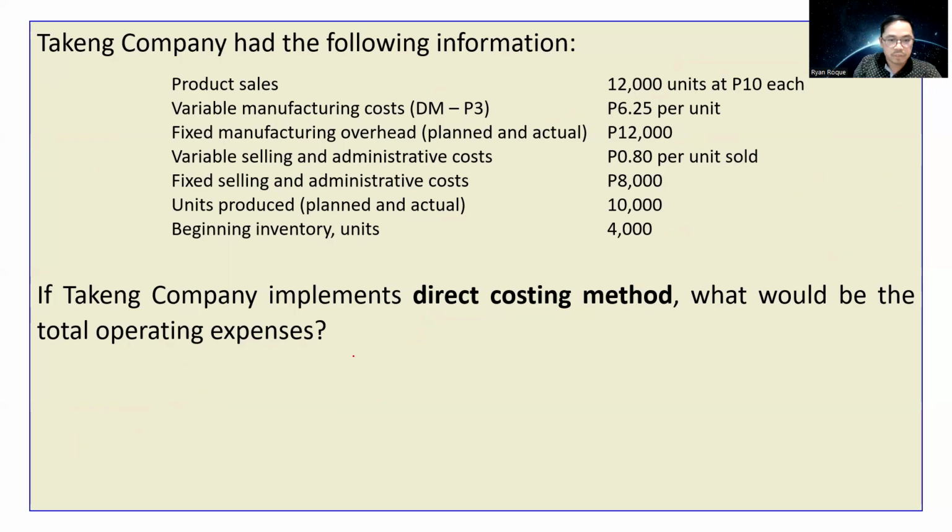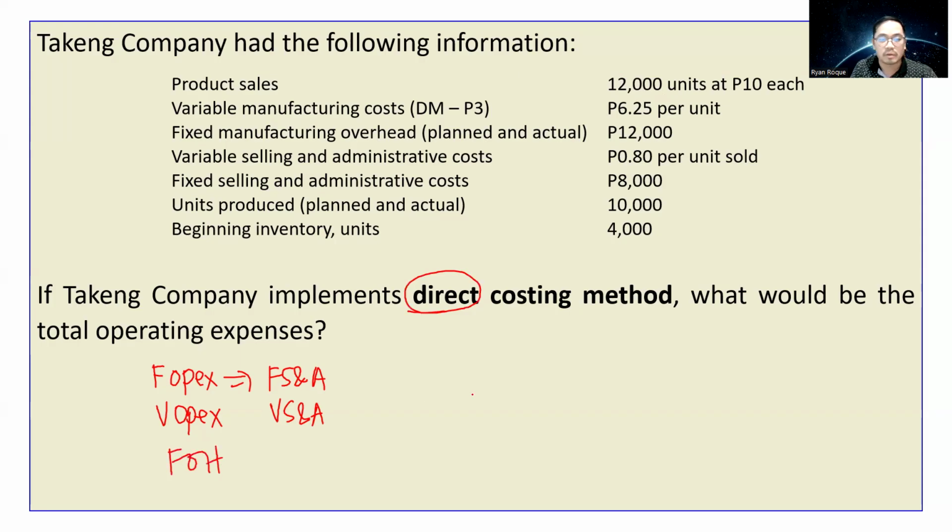Okay, so the total operating expenses before that includes only your fixed operating expenses and your variable operating expenses, or simply fixed selling and administrative expenses, and variable selling and administrative expenses. Again, that is for absorption, but since we are asked for direct costing method, even the FOH would be part of your operating expenses.